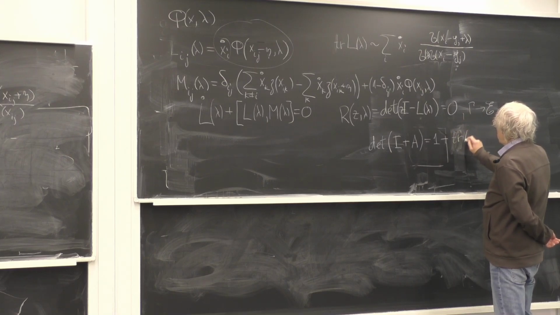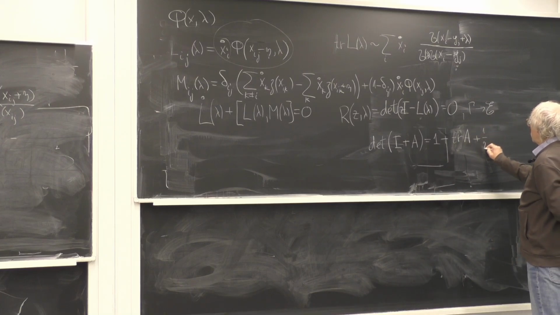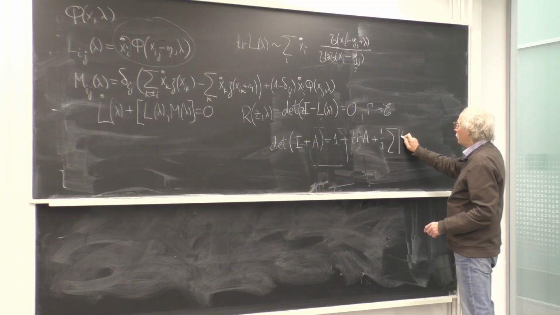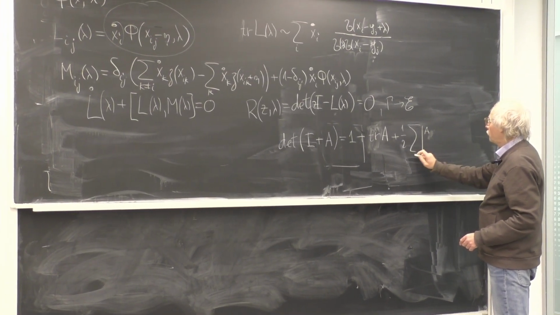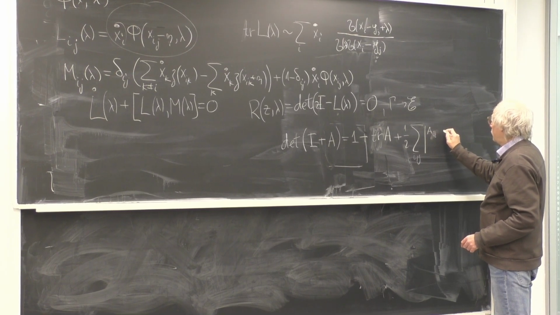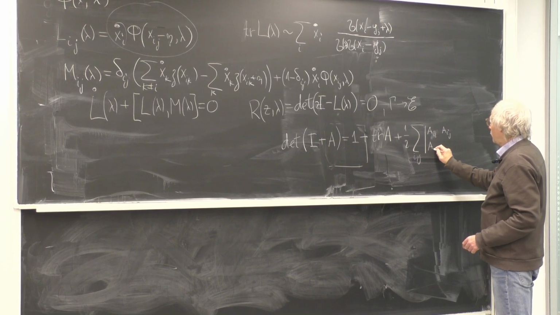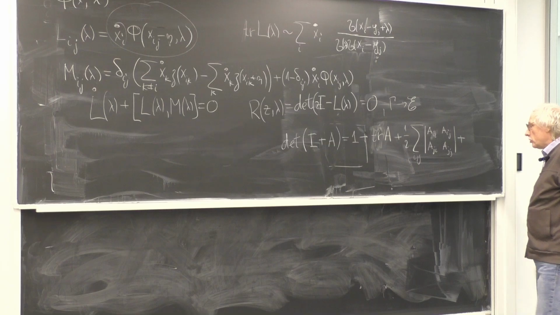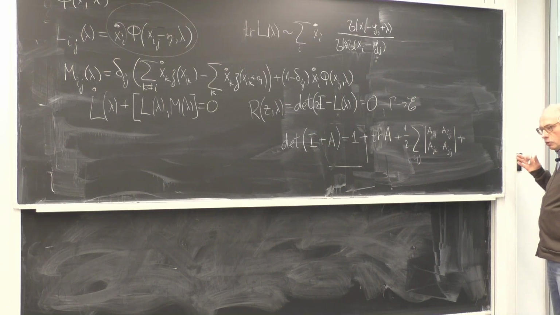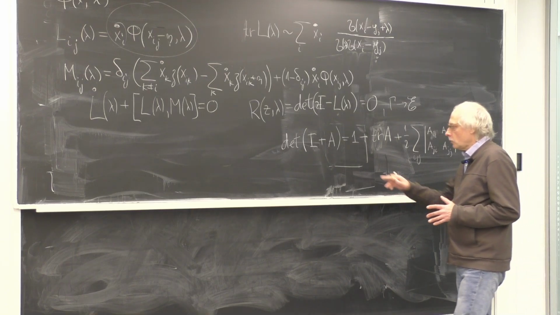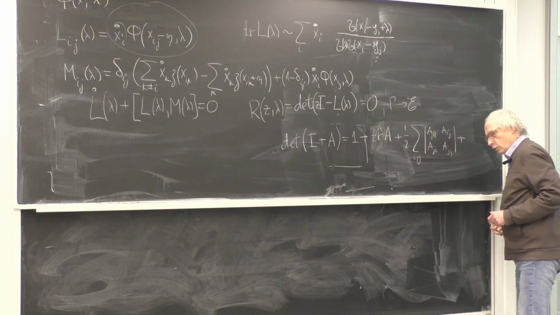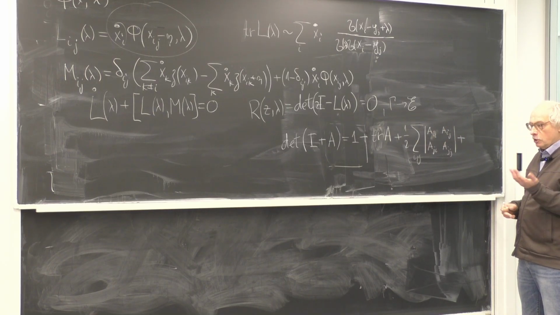1 plus the trace plus the sum of diagonal minors 2 by 2, that is, the sum over pairs i, j, plus, in a similar way, the sum of all diagonal minors of this matrix A. But each such minor is a matrix of the same form.